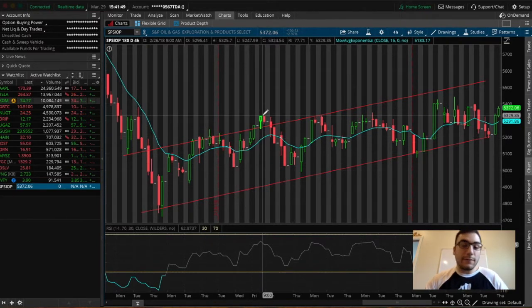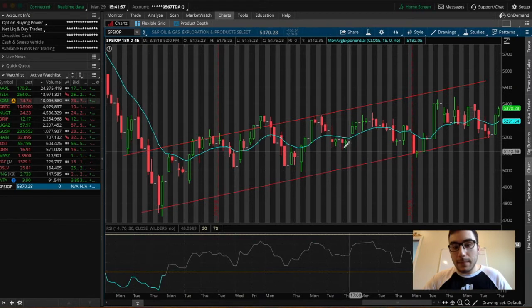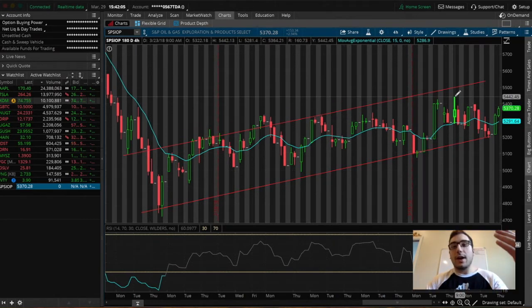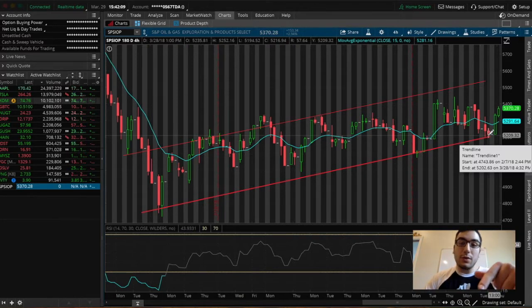It peaked up at about $5,300, right? Down to about $5,000 again, and then it peaked up at about $5,300 again, down to $5,100, then it peaked up to $5,300 again, and then we're down to $5,100 again. Then it created a higher high of $5,400, and now we bounced off at $5,200, right?